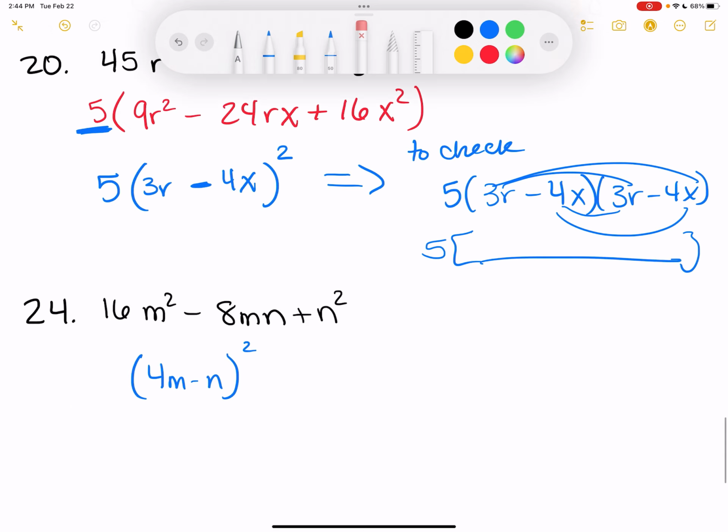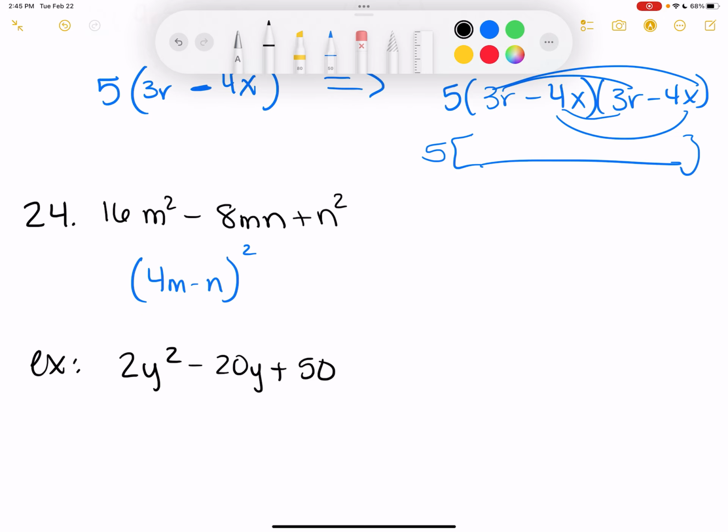We'll do one more. All right, one more example. If I had 2y squared minus 20y plus 50, what do I need to do? Take out a 2.